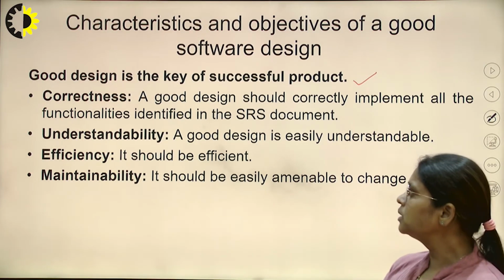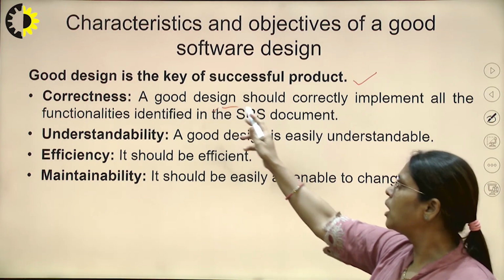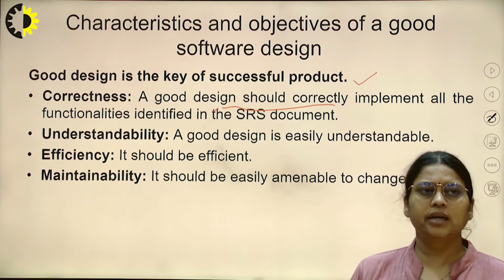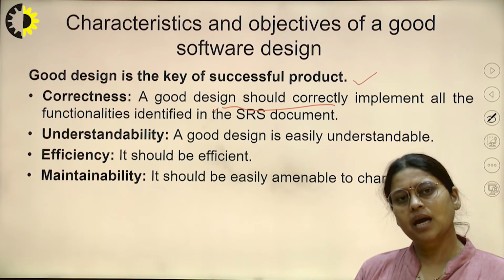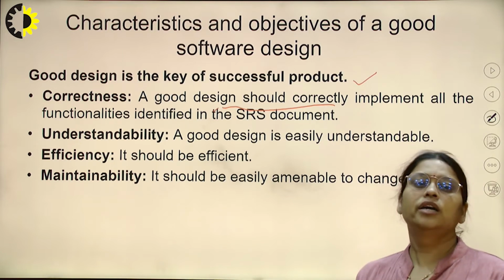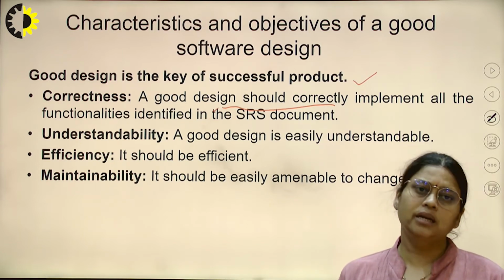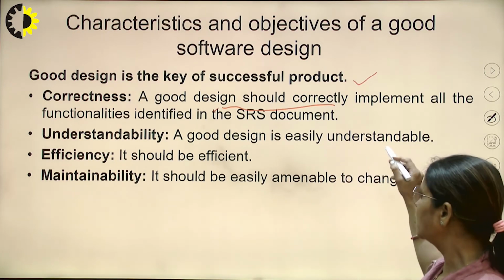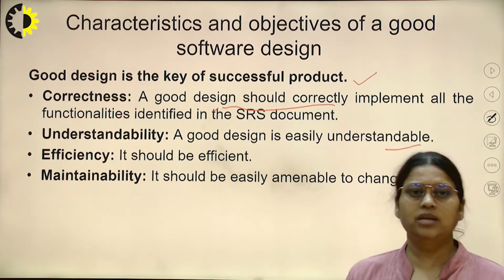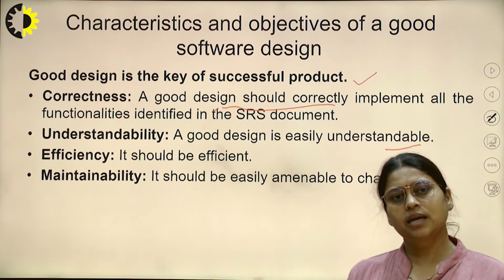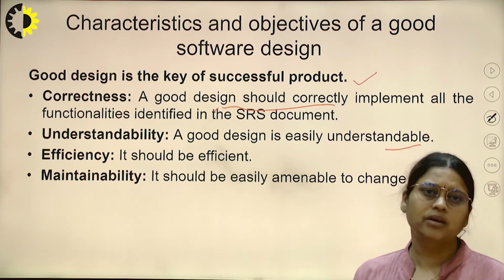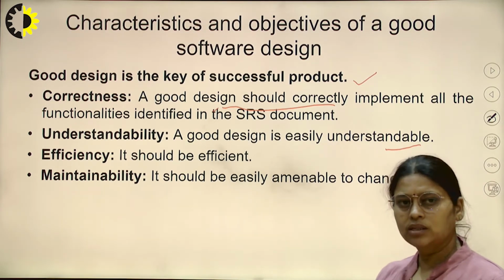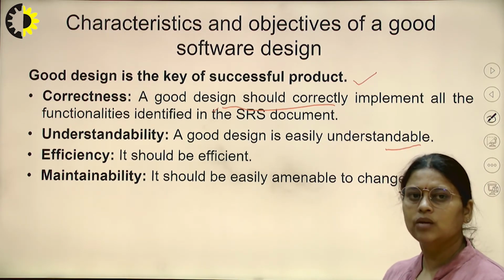The first one is correctness. Our designing should correctly implement all the functionality which is identified in the SRS. We have to define all these functionalities correctly in the designing. Understandability means a good design is easy to understand, and any user can easily identify the problem statement or the structure of the software through this designing process.